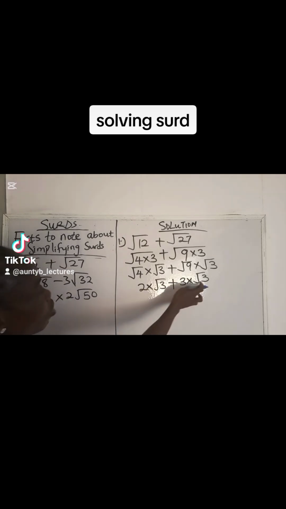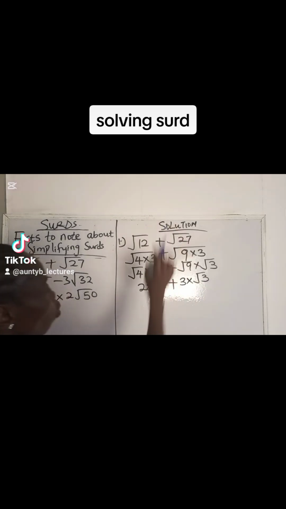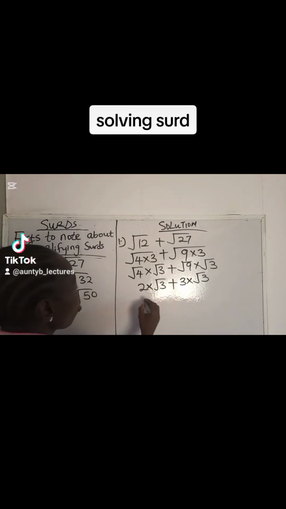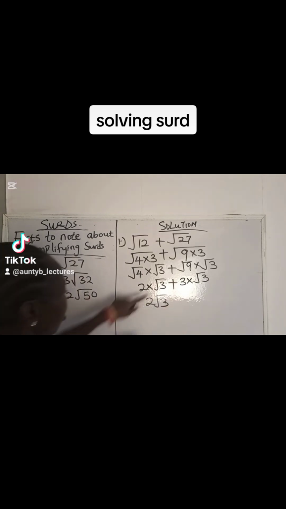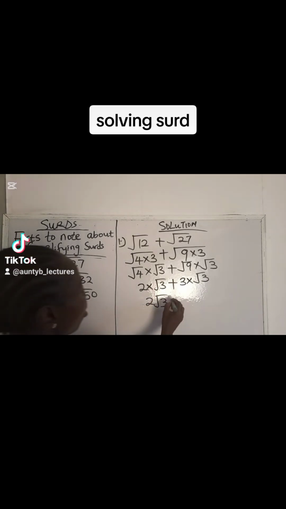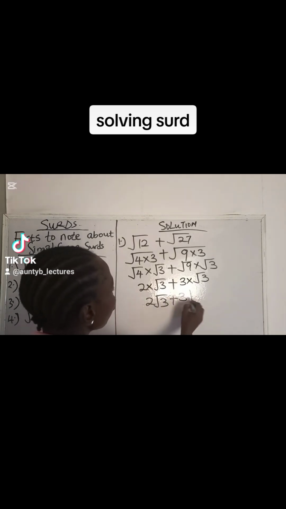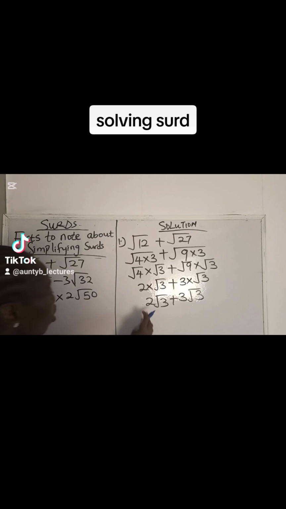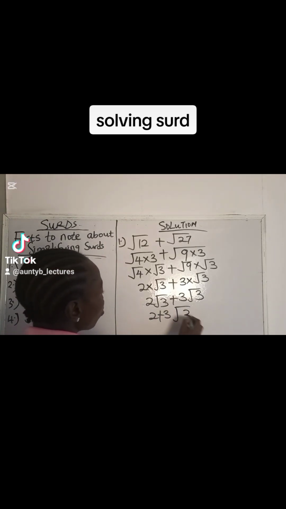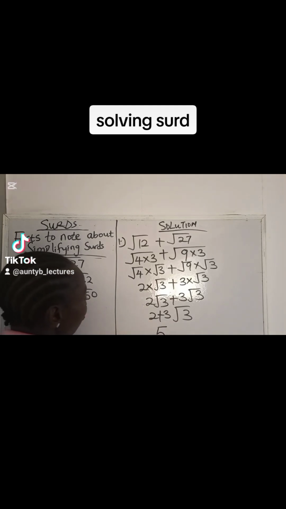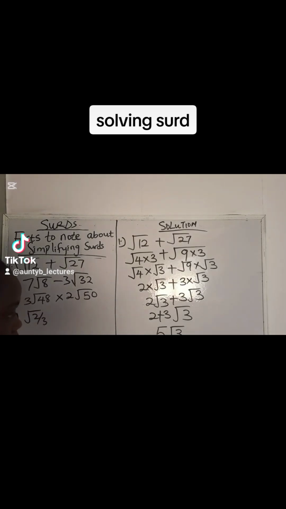You can see the square root is the same. We have to pick one of it. We write it like this first, 2 root 3, plus 3 root 3. You can add these numbers together. 2 plus 3, root 3. 2 plus 3 is 5. 5 root 3. That is our answer.